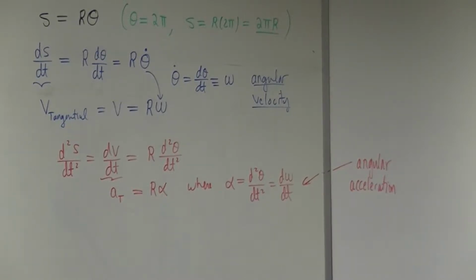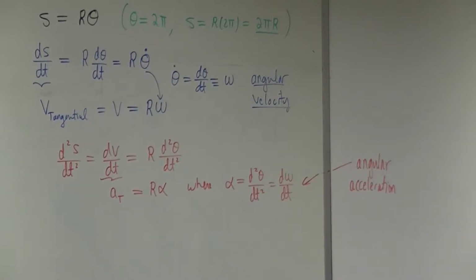Remember earlier in the course we proved that the centripetal acceleration has to be equal to what? v squared over r. And that's assumed to be center seeking. If you wanted to say the radial direction, the radial acceleration would be minus v squared over r.